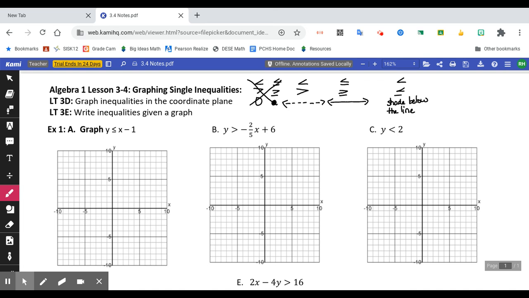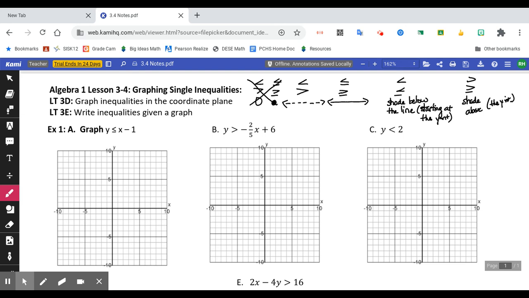Okay? And below the line meaning starting at the y-intercept. It's either above the y-intercept or below it. If it's greater than or equal to, you're going to shade above. And again, above the y-intercept on that entire side of the graph.